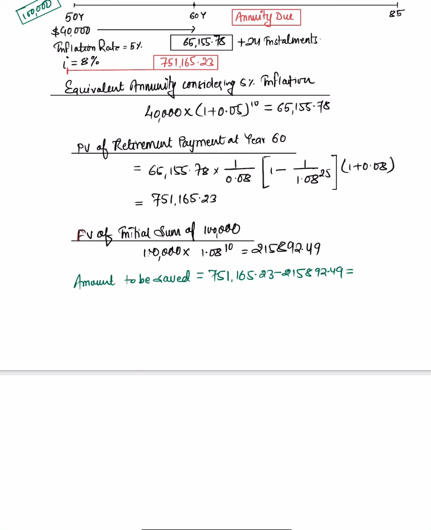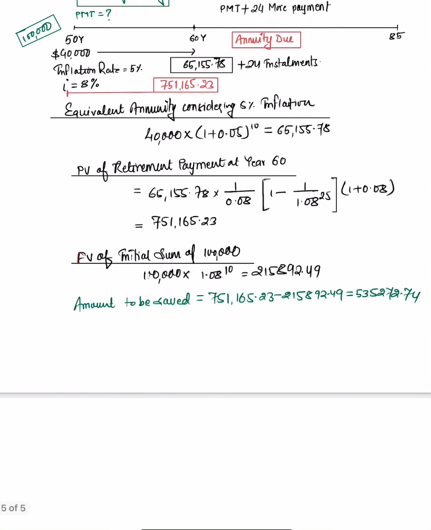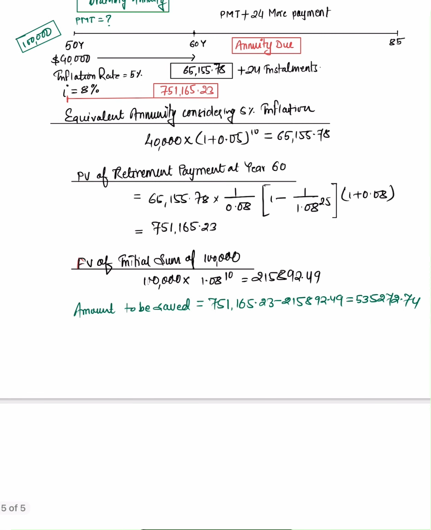Let me calculate it again: 751,165.23 minus 215,892.49. So this is going to be 535,272.74.